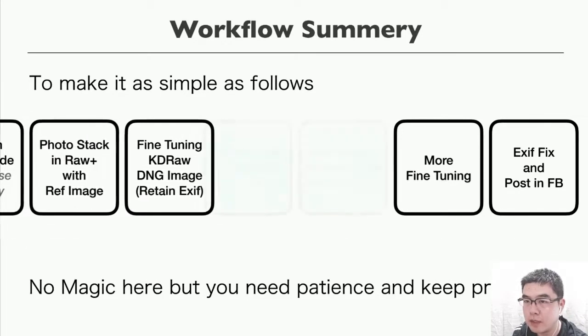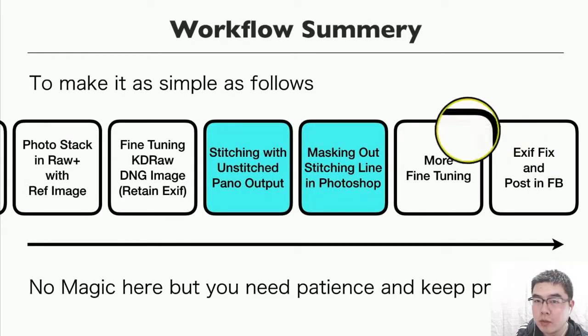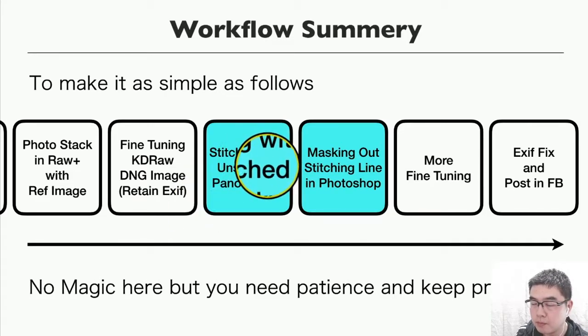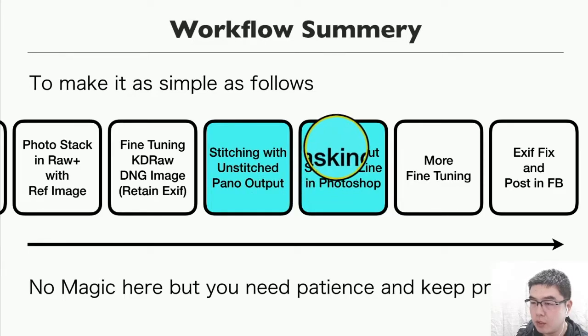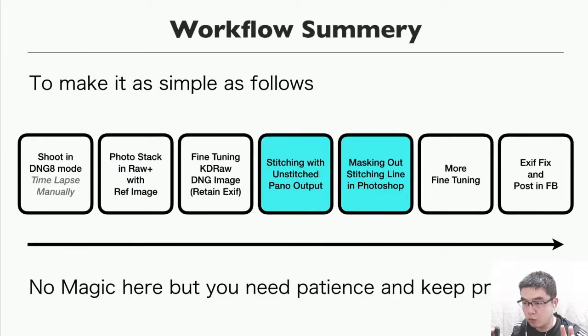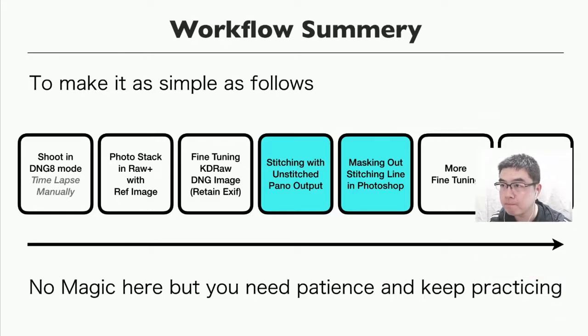After fine-tuning the raw files, we stitch in the QooCam Studio with unstitched panel output, and in Photoshop, you can mask out the stitching line with photographic tricks. So this is the whole workflow for super tiny space VR panoramic shooting, right?